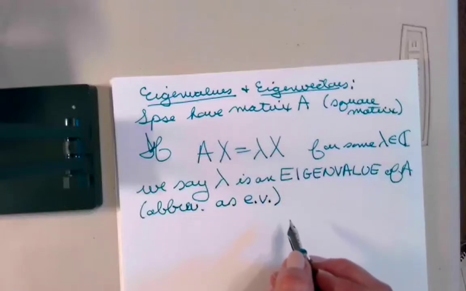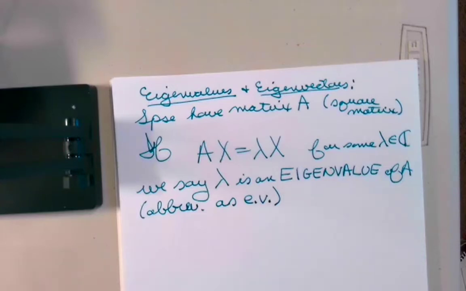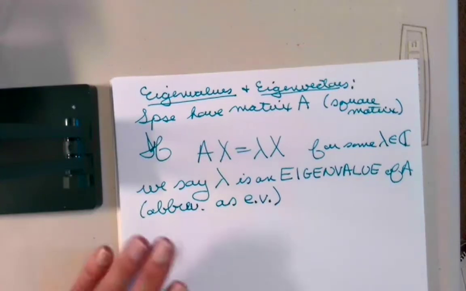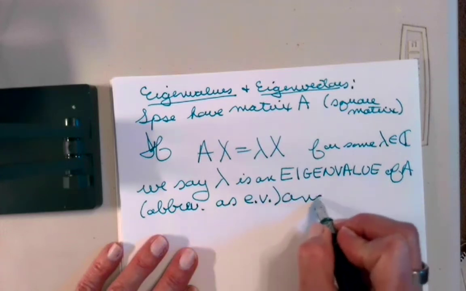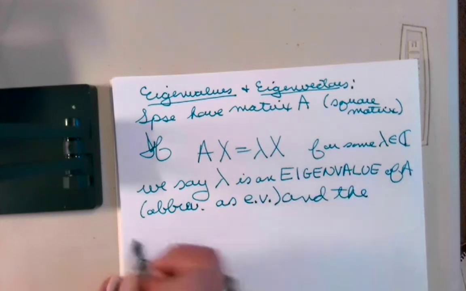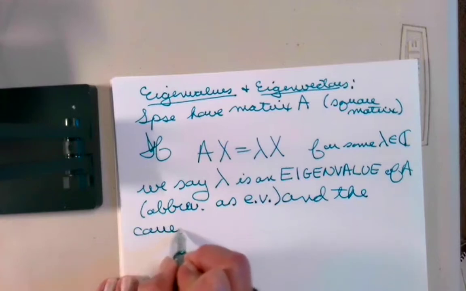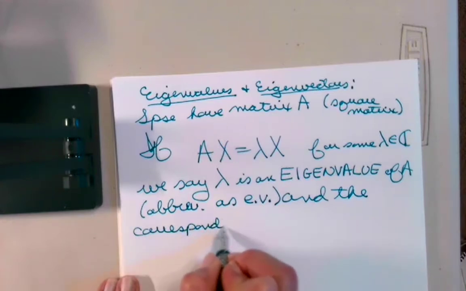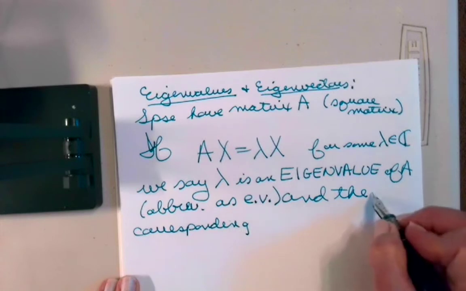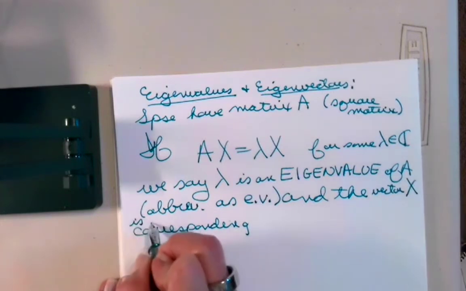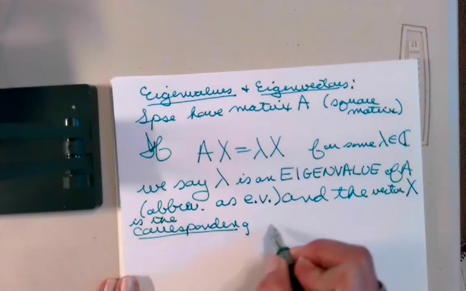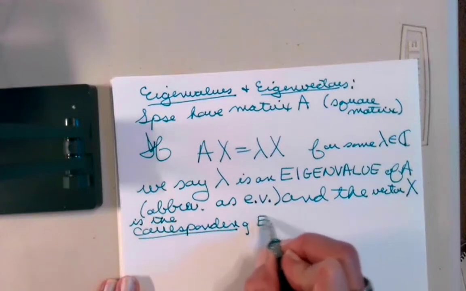Okay, that's my personal thing, but I like to abbreviate, and I have to write a lot, so we'll use EV for eigenvalue. And the vector X is the corresponding eigenvector.